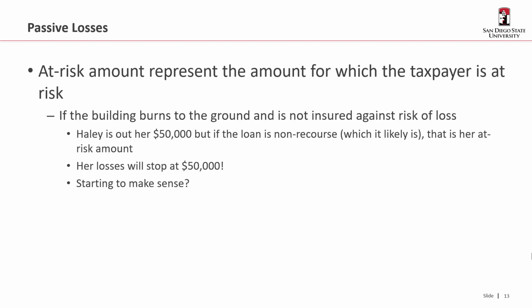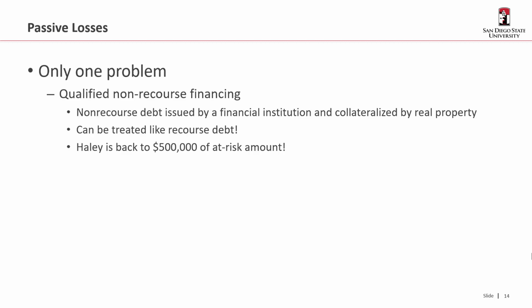So hopefully this is starting to make sense. There's only one problem. As we know, Congress loves real property. They just love real property. And so one of the things that the real estate lobby has done is they've created a category called qualified non-recourse financing.